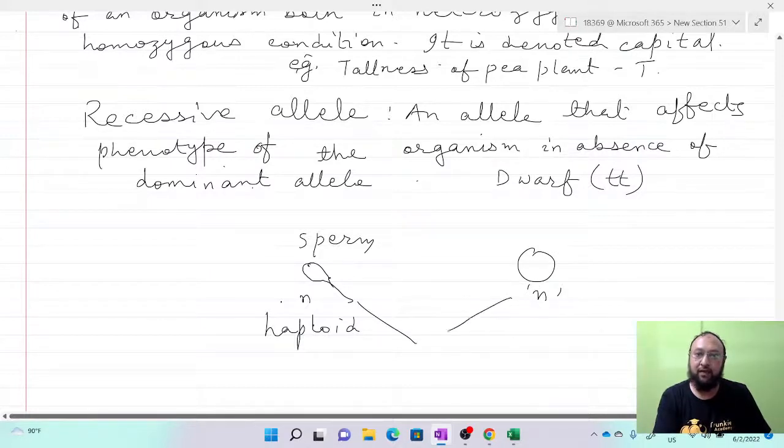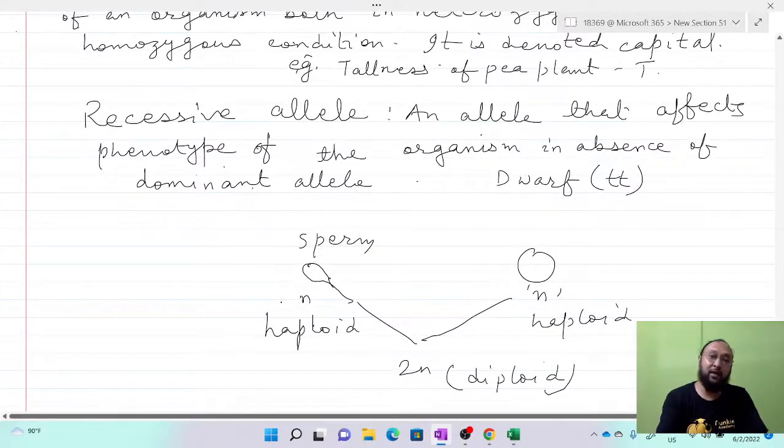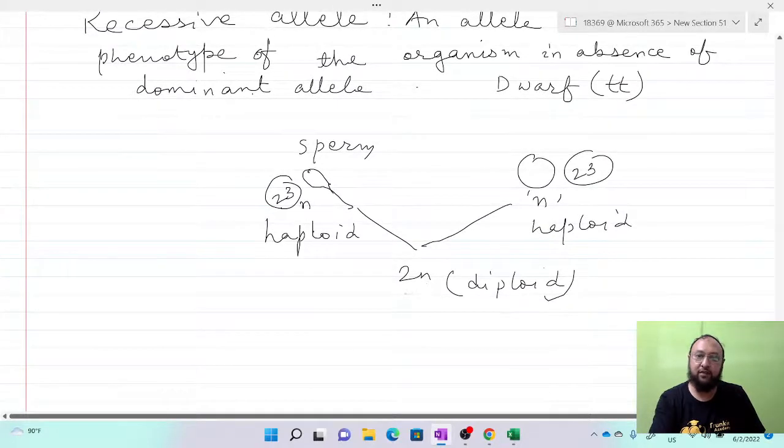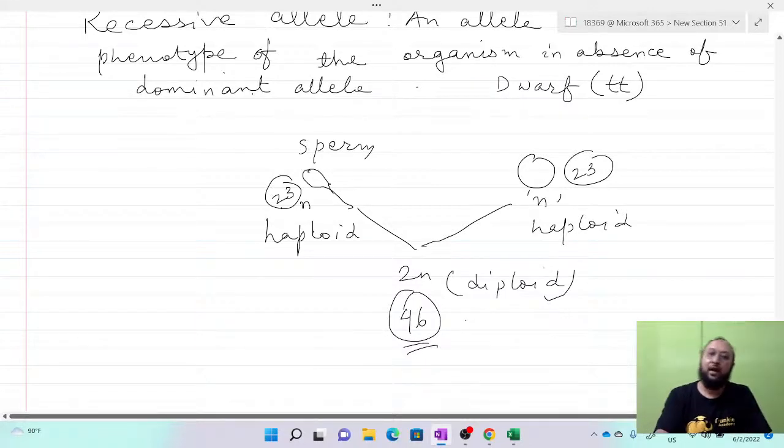When they fertilize, it will form the 2n diploid. So 23 chromosomes here, 23 chromosomes here, and after fertilization the zygote will have 46 chromosomes, that is 2n, diploid. So this is about haploid and diploid.